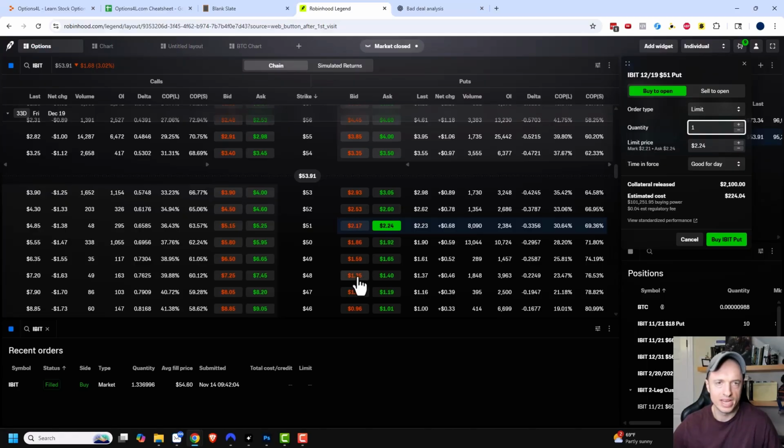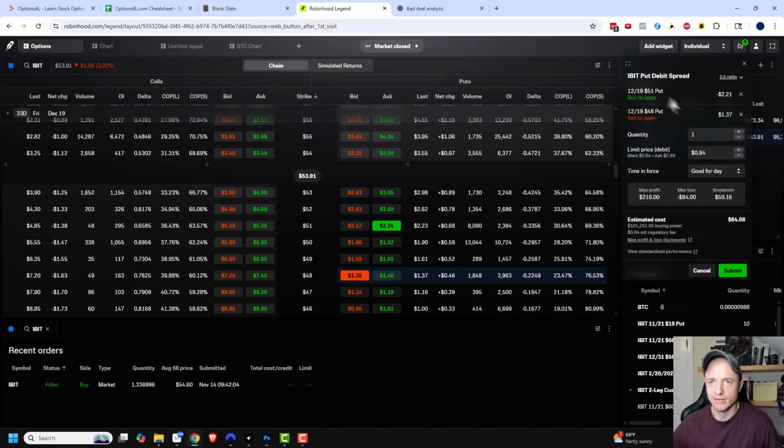So we're going to click the red numbers in the bid column, and we can see that we have an IBIT put debit spread now. We are buying to open the 51 put, selling to open the 48 put. Our max profit is $216, max loss is $84. And so now what we want is the price of IBIT to be less than $50.16 by December 19th. Ideally, we want it less than $48, so that way we get our maximum profit, which is the $216.